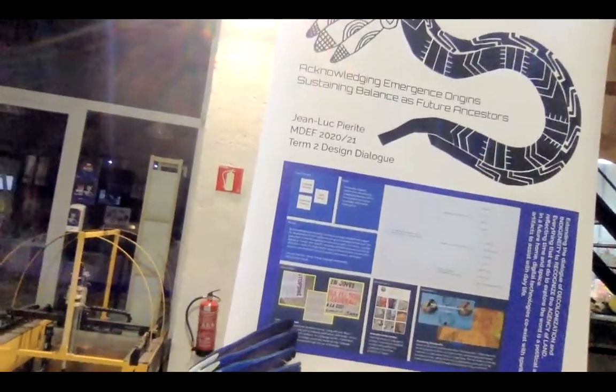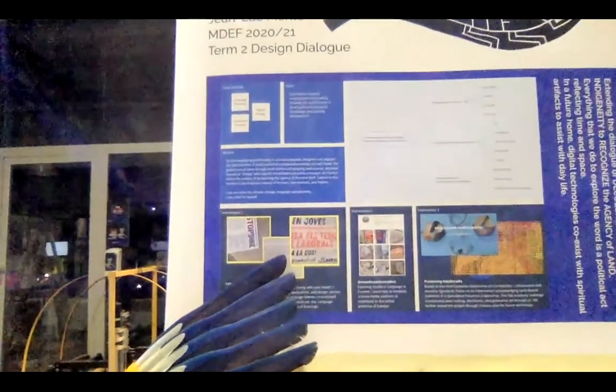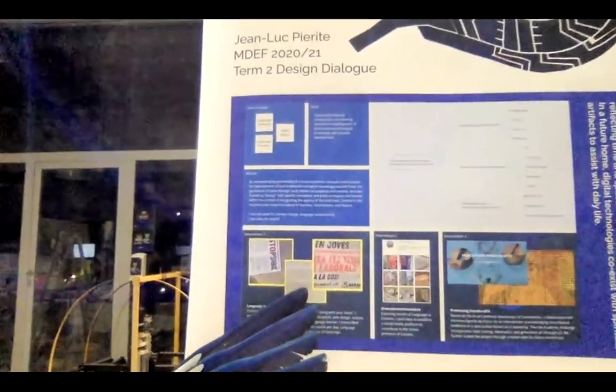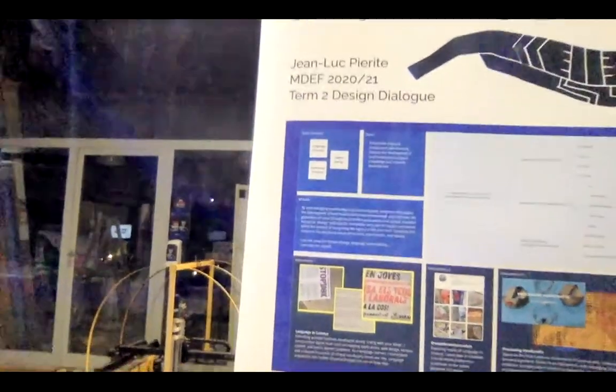So intervention one, I was doing some very bare language documentation. I was doing term one in Boston, Massachusetts, and then came here to Barcelona for term two. So I was thinking about how to reframe this in the geographical context of the research and the work I was doing for term two.